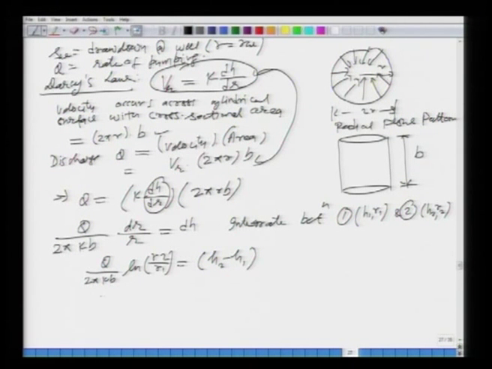That means your Q is going to be equal to 2 pi K b times h2 minus h1 over natural log of r2 over r1.